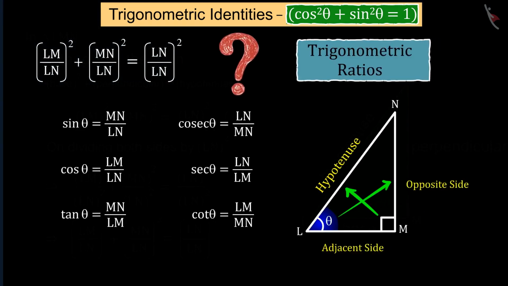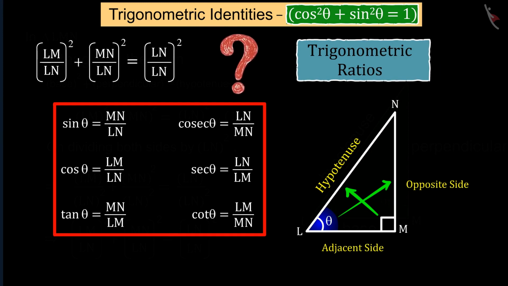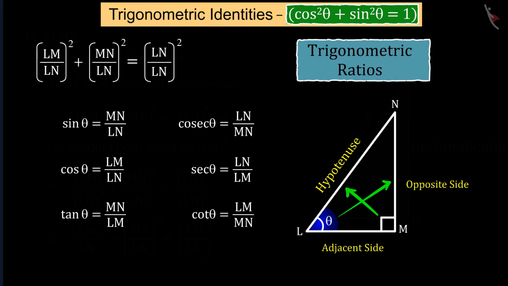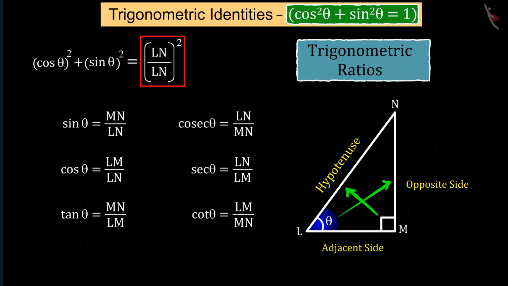Can you use trigonometric ratios in this equation along the theta angle? Well done! With the help of theta angle, we can tell that the first term on the left side is the square of cos theta, and the second term is the square of sin theta, while the right side is equal to 1.